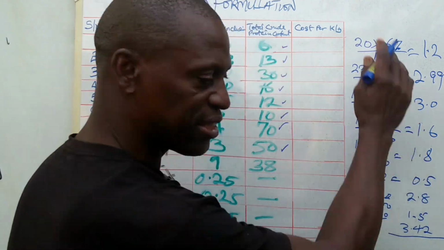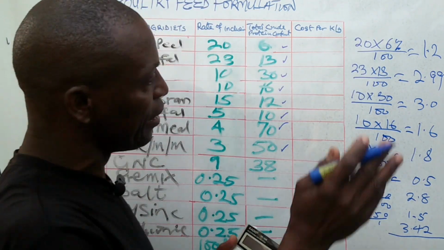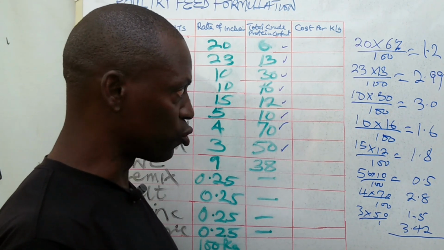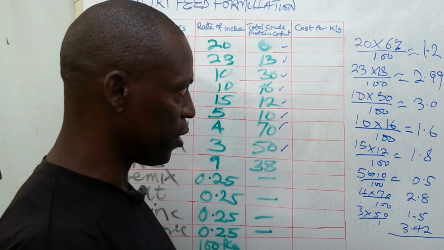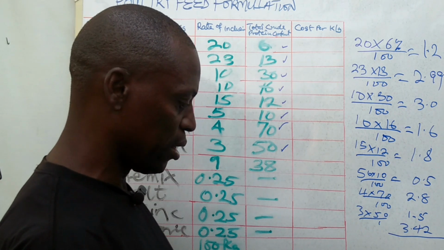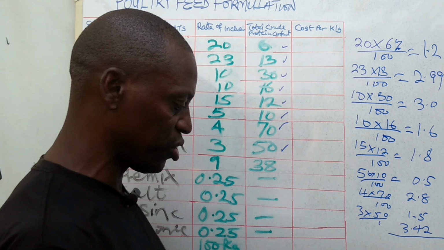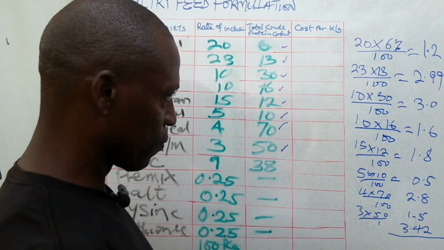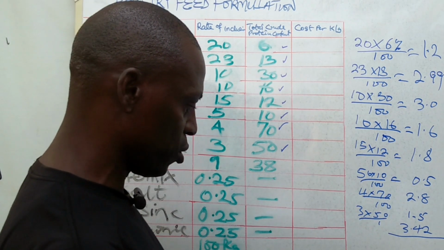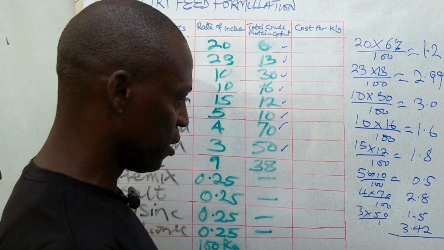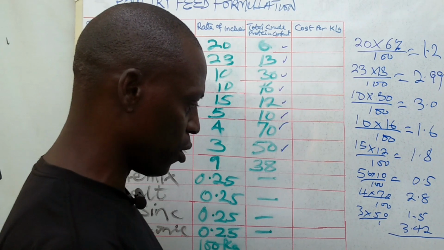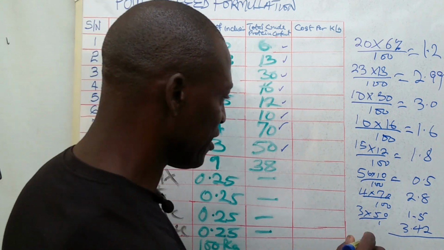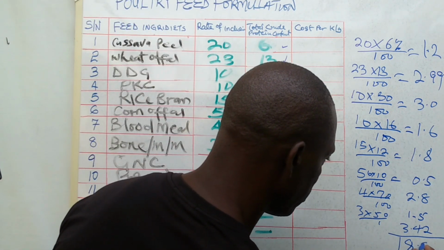Whatever it gives us is our total crude protein for this particular feed. Now let's add all. This will give us 1.2 plus 2.99 plus 3 plus 1.6 plus 1.8 plus 0.5 plus 2.8 plus 1.5 plus 3.42 equals 18.81.